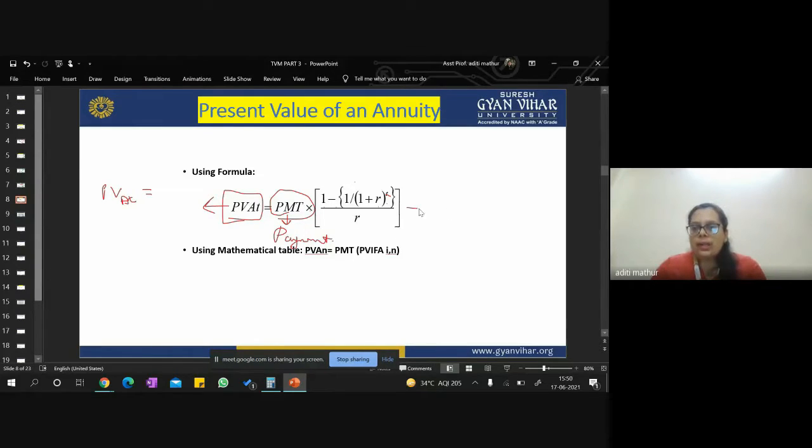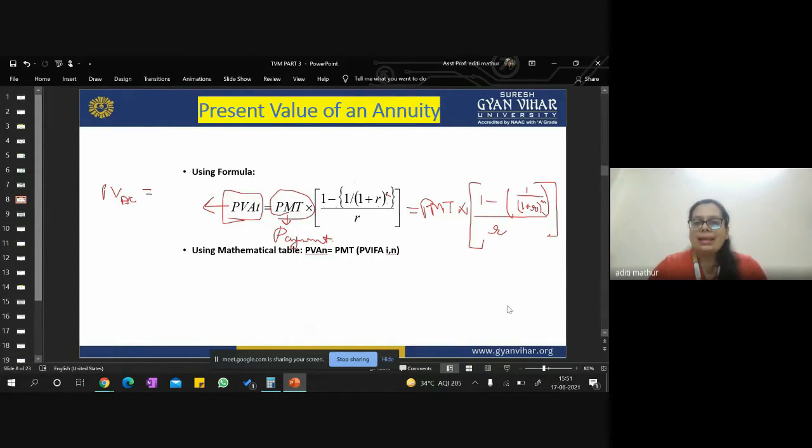So actually, if you write it, it is PMT into 1 minus 1 divided by 1 plus r to the power of n, and whole divided by r, that is the rate, and this is how you calculate your PV of annuity.